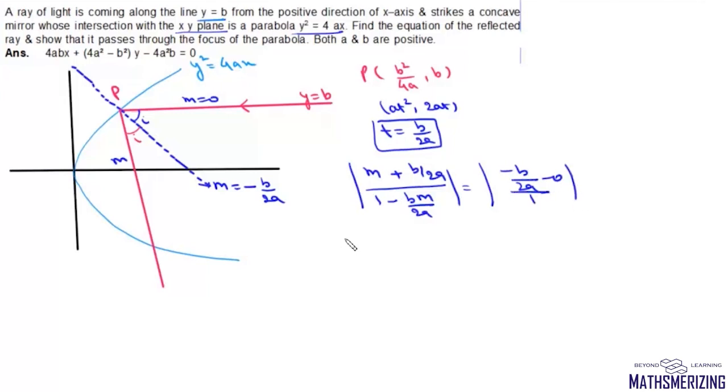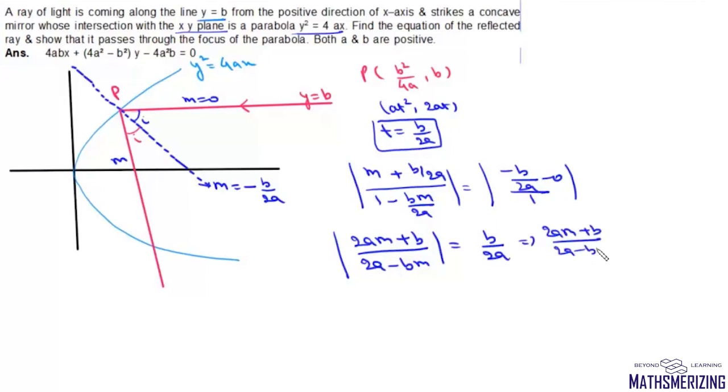So we can write this equation as (2am plus b) upon (2a minus bm) equals b upon 2a. Now we can take the plus sign as well as the minus sign. So we can write (2a m plus b) upon (2a minus bm) equals plus minus b upon 2a.